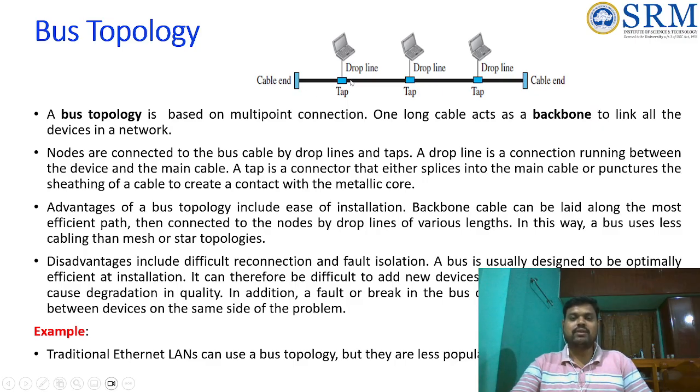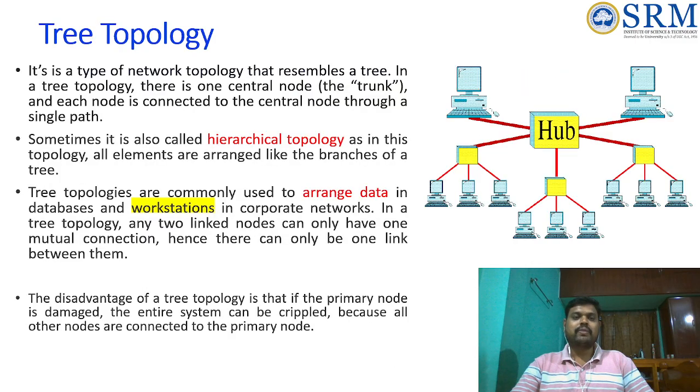The dotted solid line represents the main cable. After that, you can connect a number of systems through drop line cable or Ethernet cable. Most of the traditional Ethernets were implemented using the bus topology, but they are not used at all now.